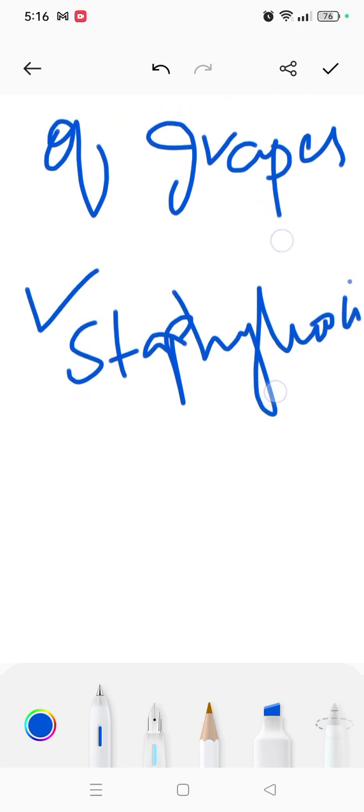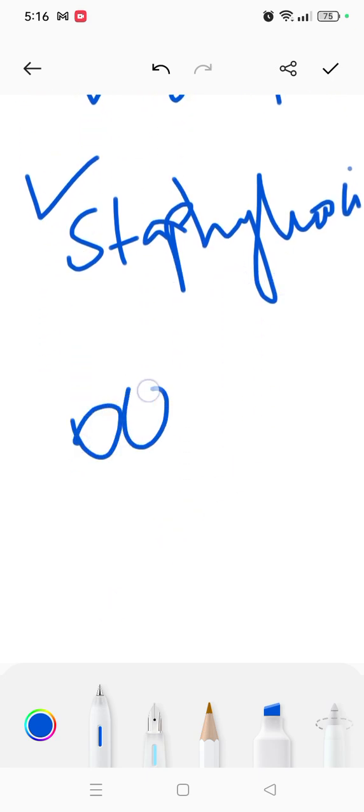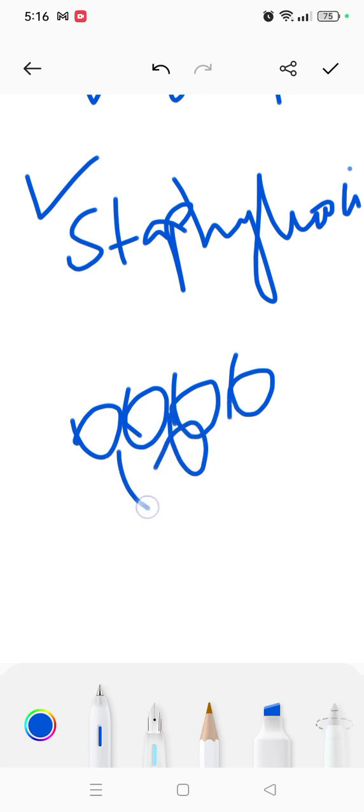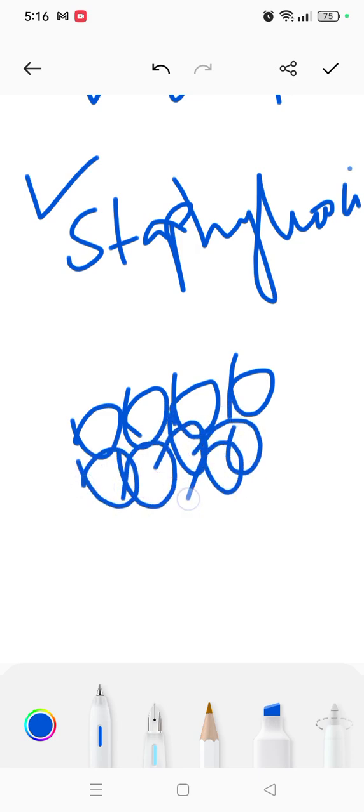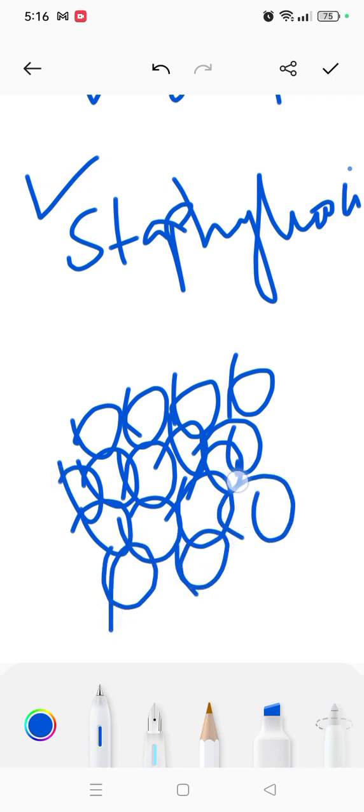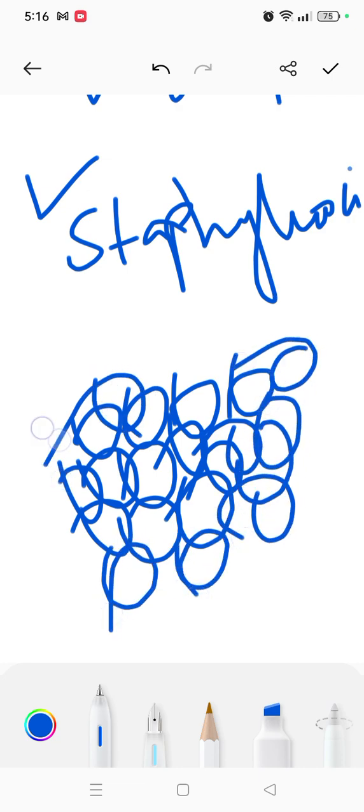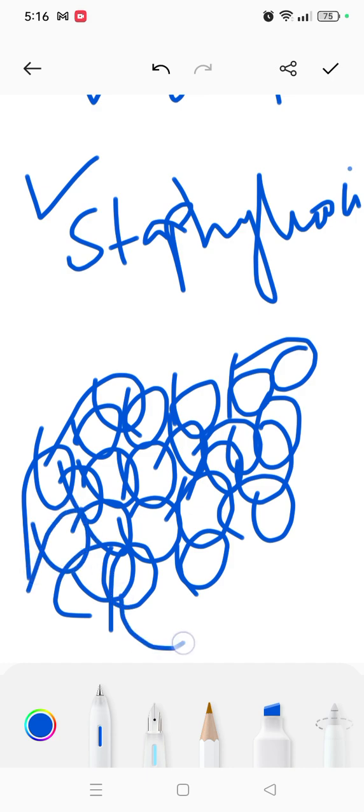This structure literally looks like 1, 2. You can make so many in the middle, a little irregular structure. Of course I've just created a mess, but otherwise this literally looks like an irregular shape called bunches of grapes, and called staphylococci. I'm sure this would be clear.